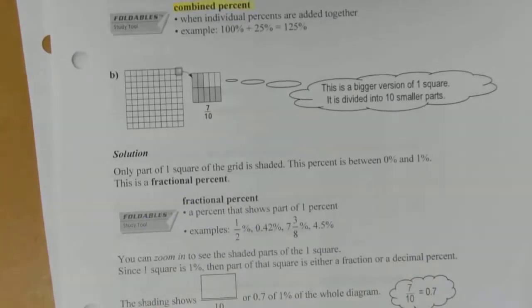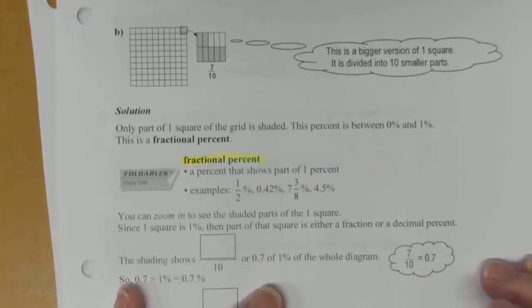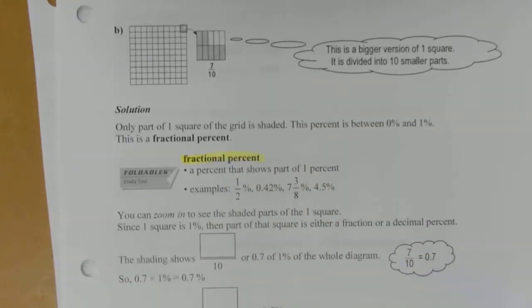And this is called a fractional percent. So there's another definition for you. A fractional percent is a percent that shows part of 1%.